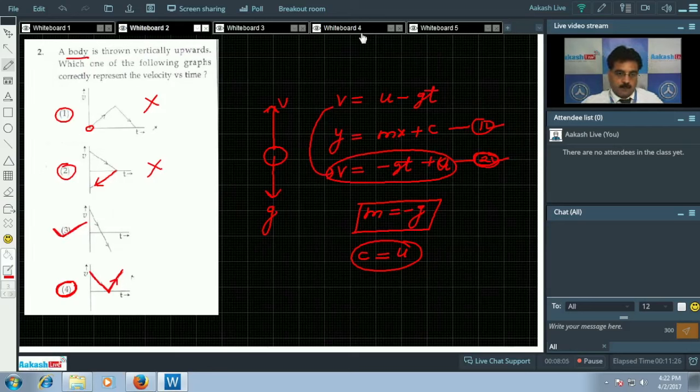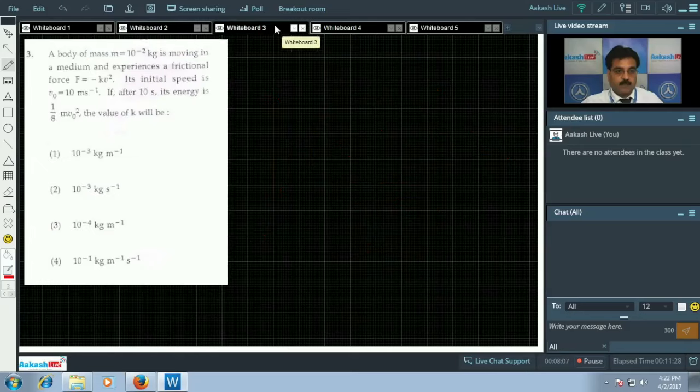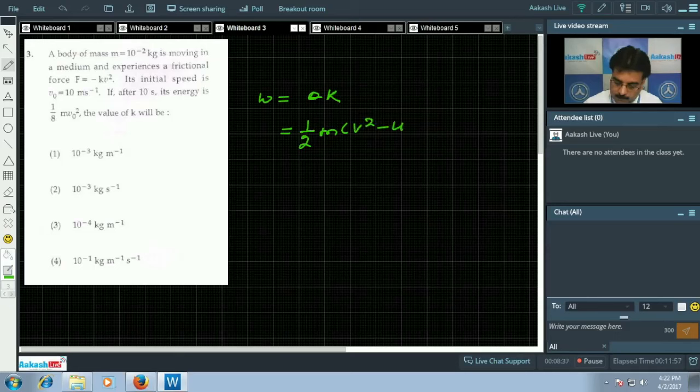Now we are going to take question number 3. This is a very important or good question, and basically this question is from work, energy and power. So in this type of question we will move from the work energy theorem, and the work energy theorem shows that the work done is equal to change in kinetic energy. Change in kinetic energy means, first if I write half m, final speed and initial speed.